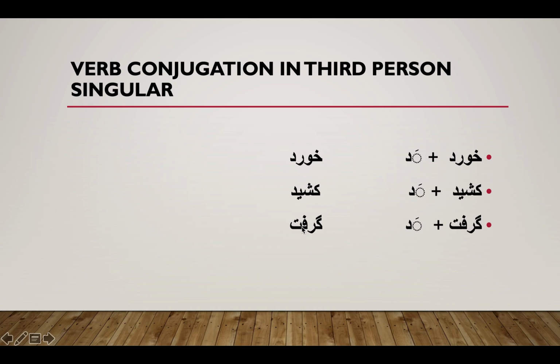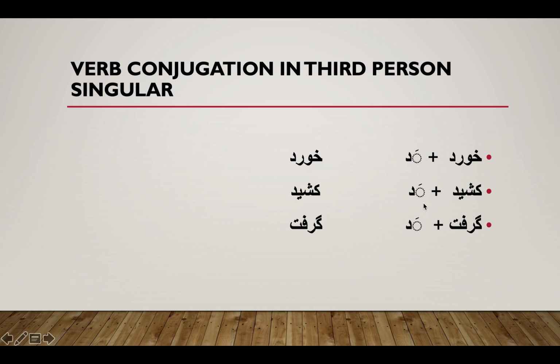خورد کشید گرفت. What happened here, on the contrary of what we see, is that here I have two dals next to each other, and te and dal next to each other, which will end in the past stem without showing any of these endings. I just brought all these examples to show you how the past stem will stay the same for the third person singular.